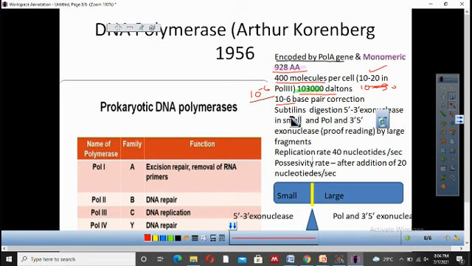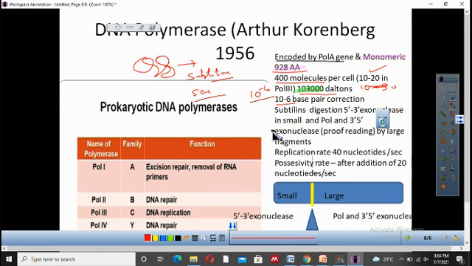So in order to know the different properties of this Kornberg enzyme, or DNA polymerase 1, these are the protein fragments. They are digested by one enzyme that is called subtilisin. Okay, subtilisin. When subtilisin digests, the sensitive site is the serine site. At the serine site, it breaks the peptide bond.